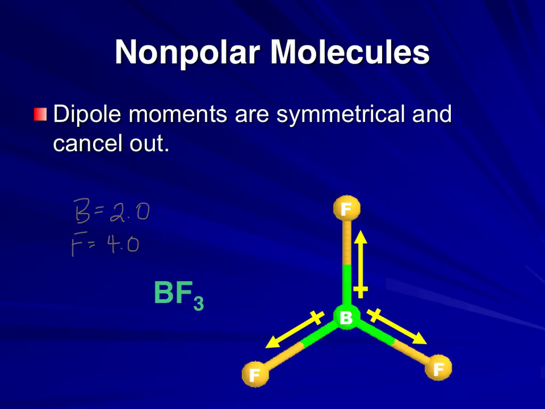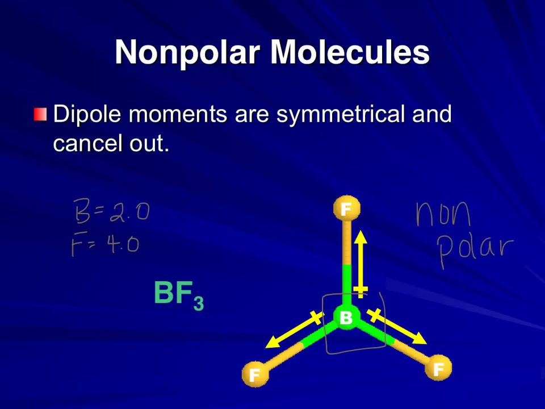The thing is, boron has no lone pair electrons on it. So we have these three dipole moments, but because of the shape of this molecule, they perfectly cancel each other out. Okay, so this is a non-polar molecule.